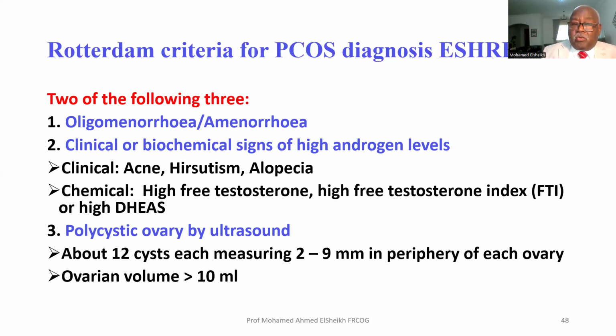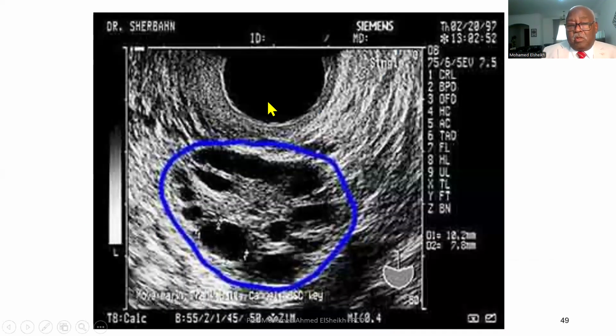And I brought the picture here to show that not every polycystic ovary is the syndrome. It could be due to so many other probably physiological causes. This is the ultrasound of the polycystic ovary. You can see here, this is the ovary. This is the cortex.